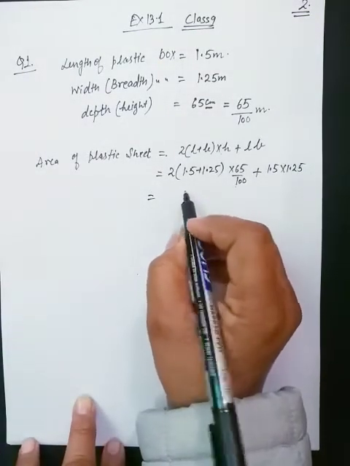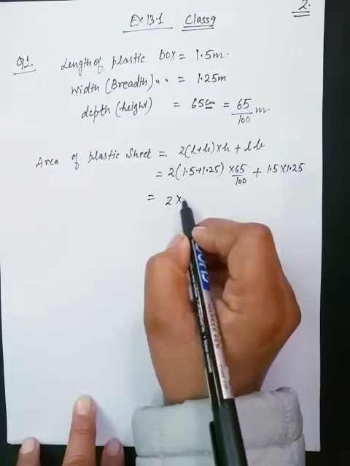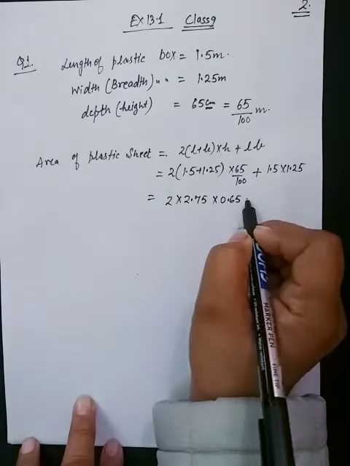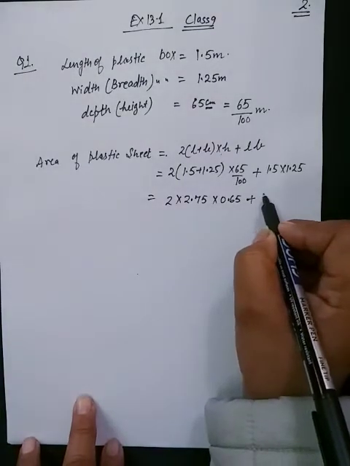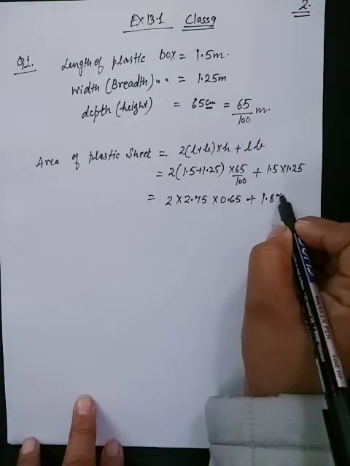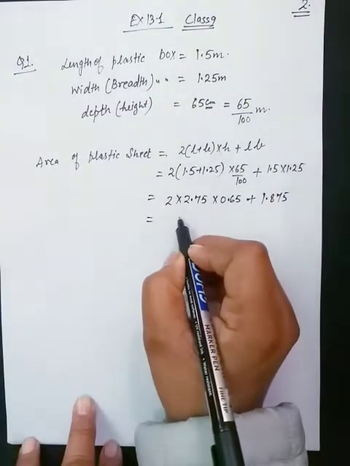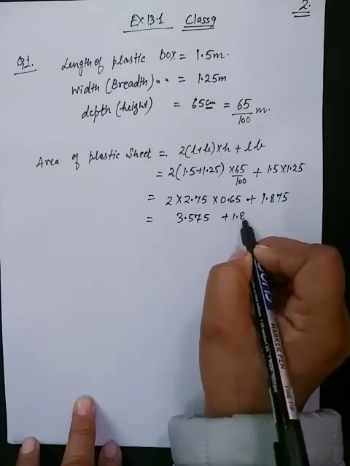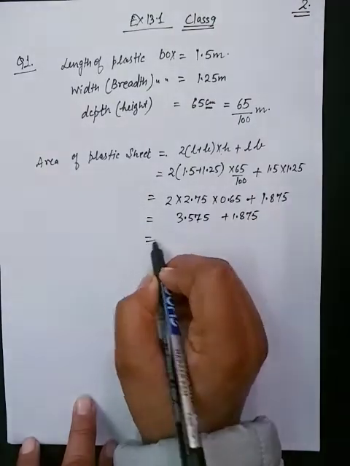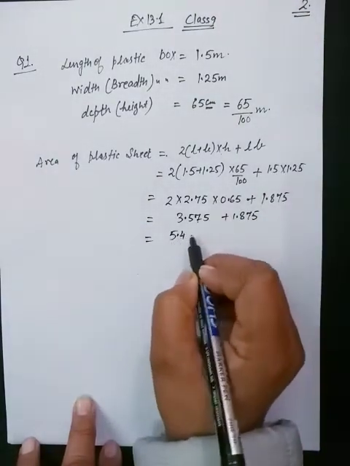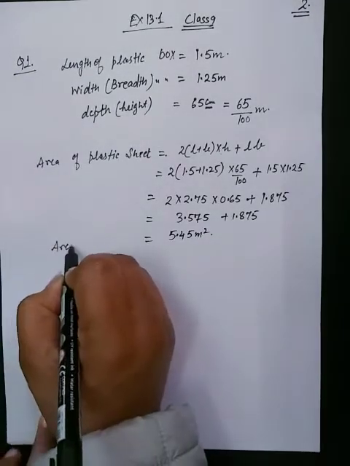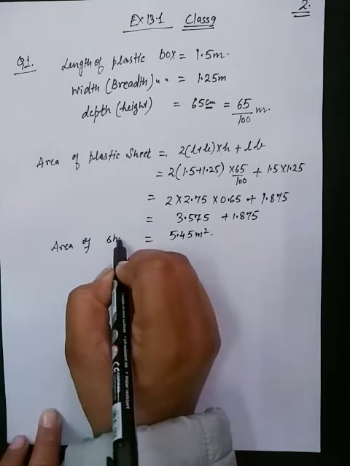After the calculations, we will get 2 into 2.75 into 0.65 plus 1.875, and it will be 3.575 plus 1.875. Finally, the area will be 5.45 meter square. This is the area of sheet.